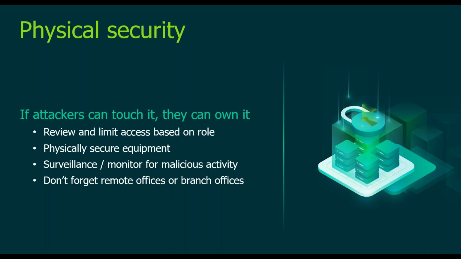Now, let's not forget about remote offices or branch offices, right? Typically, these will be smaller in size, both physically and from a headcount perspective. So this often means that the same resources that the head office has, such as a dedicated server room or security equipment, may not be available there.